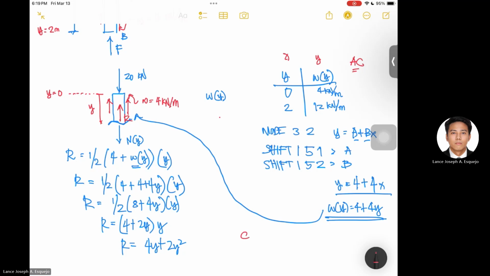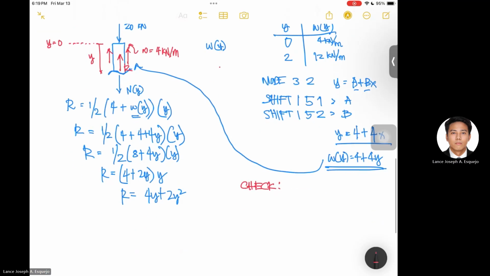So to check, as computed earlier, we have r equals 16 as the resultant. So if y is equal to 2 meters, r will be 4 times y plus 2 times y squared.